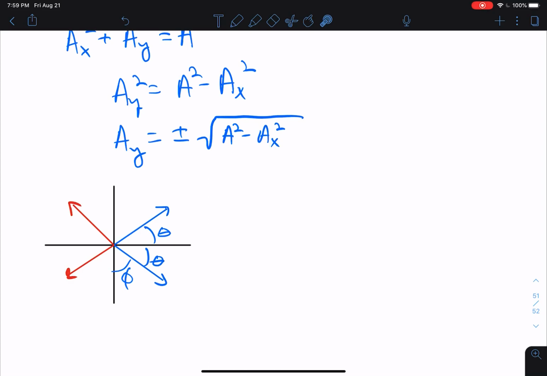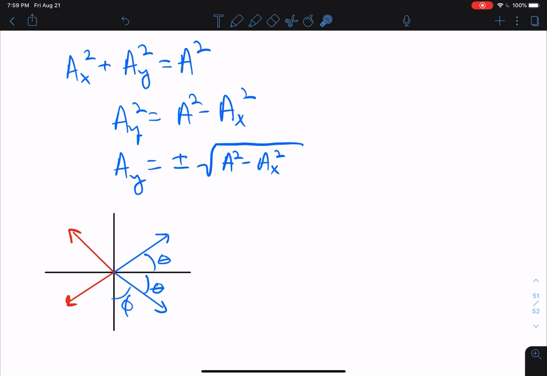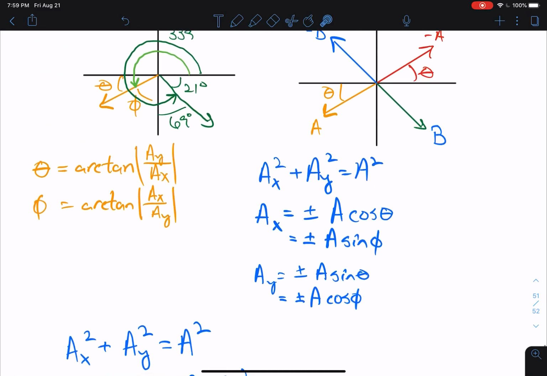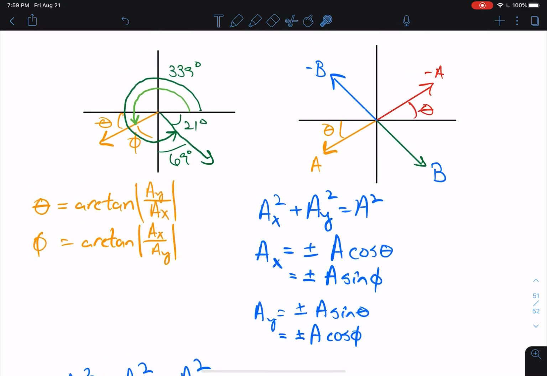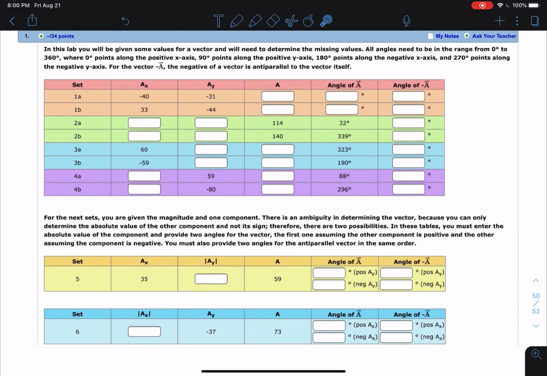So this is really how I think you should be approaching these problems in the lab, especially if you are struggling a little and you don't immediately see what to do. This is a good approach. Draw it, work it out. Again, the formulas that you need, it's just the Pythagorean theorem, and you need these arctangent ones and these relationships for the components. That's what you need. Draw the vectors, use these, and that's all you need to go through and find all these answers. Hope this helps.